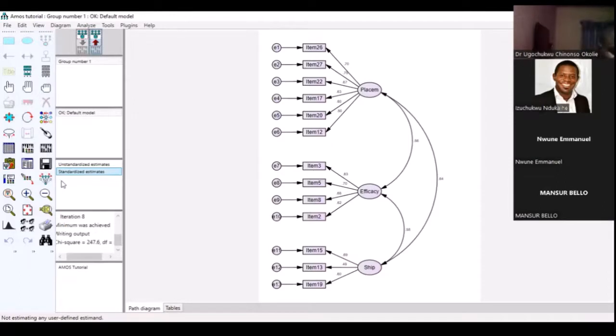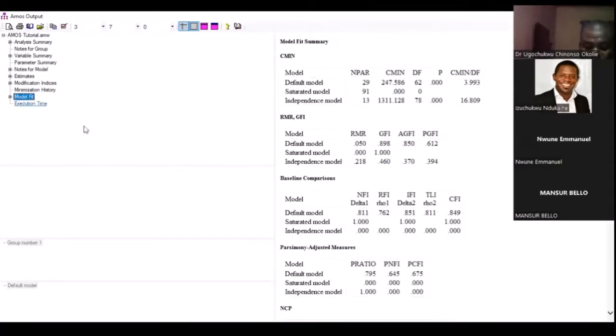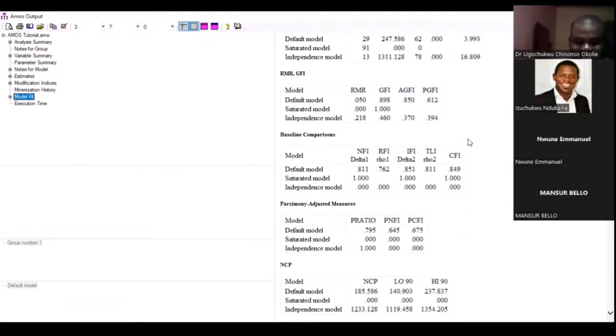Okay, so let us go to view test and see what AMOS will show us. So this is the AMOS output. We will simply go to the model fit and begin to check whether we are meeting the threshold. Now, look here.